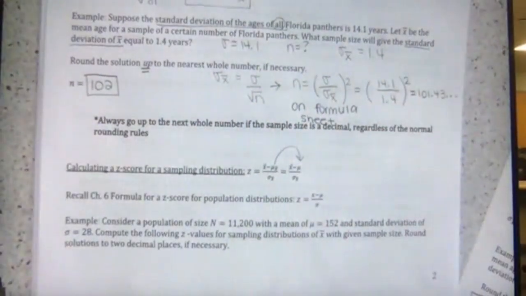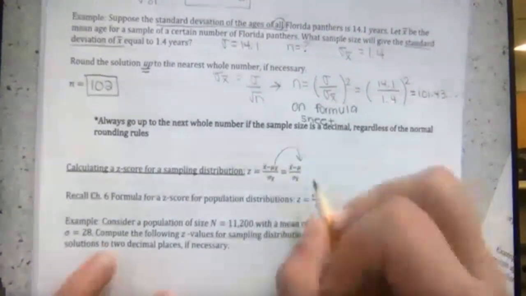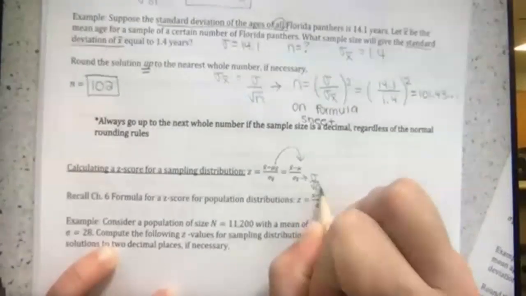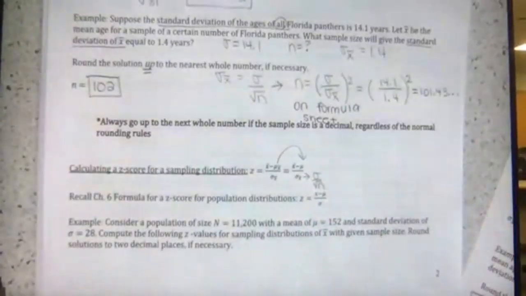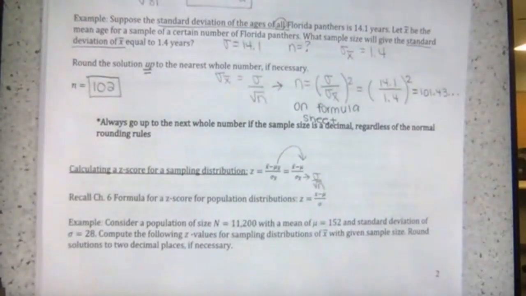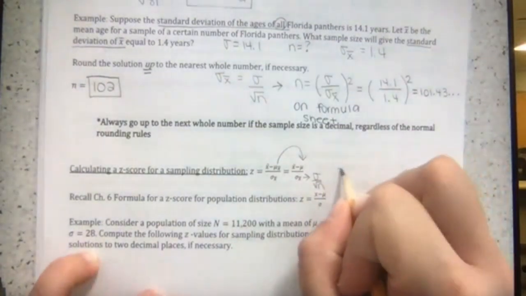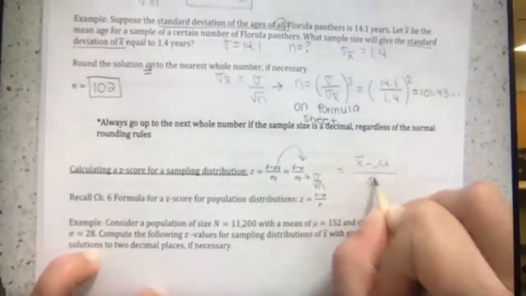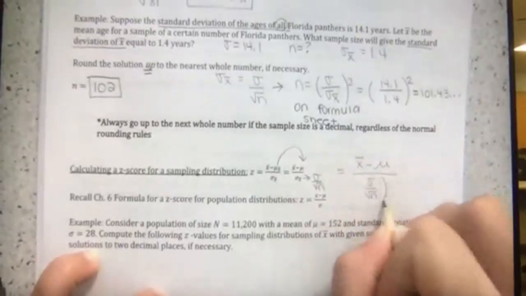So I can write that as x bar minus mu over our sampling standard deviation. And we also know our sampling standard deviation is sigma over the square root of n. If you want to put it as one big formula, we have x bar minus our mean, all over sigma over the square root of n.